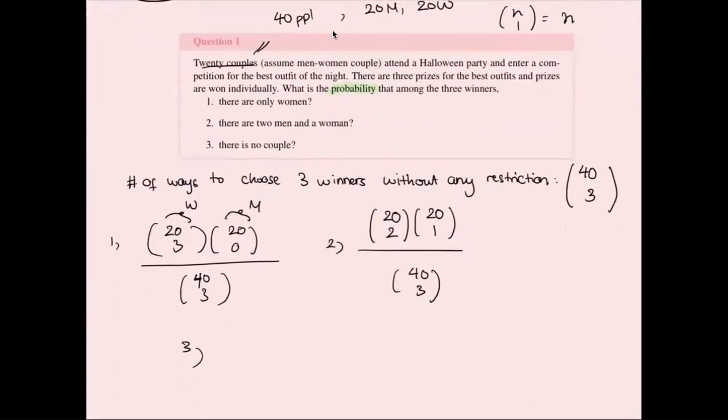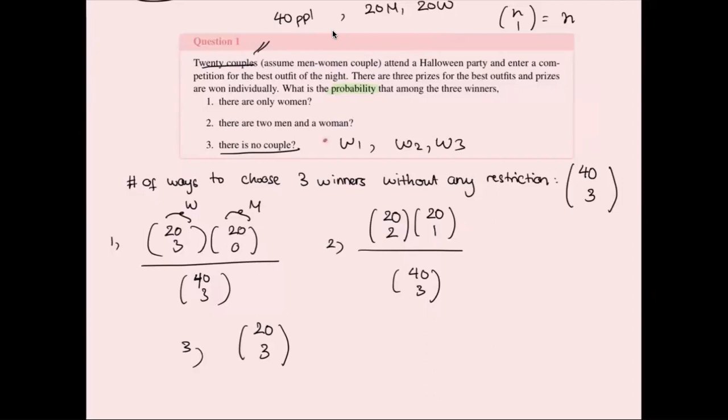What we can do is, first, out of 20 couples, I choose 3 couples. Why is that? Because we want no couples and we have 3 winners: winner 1, winner 2, winner 3.